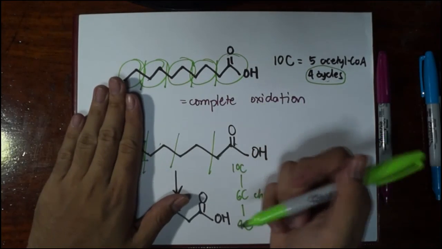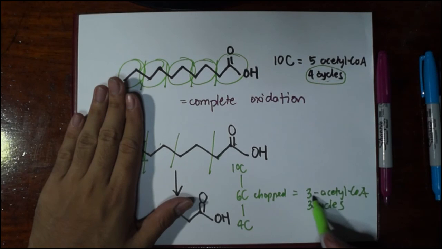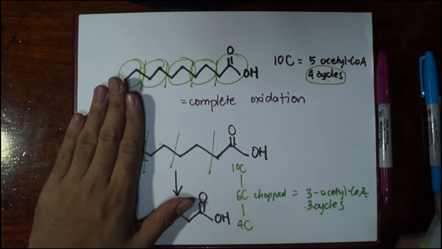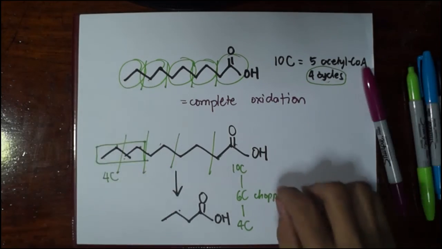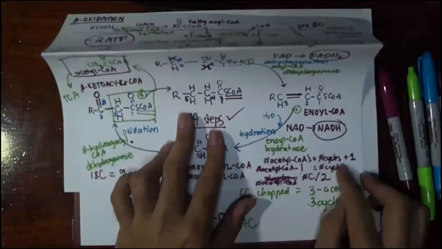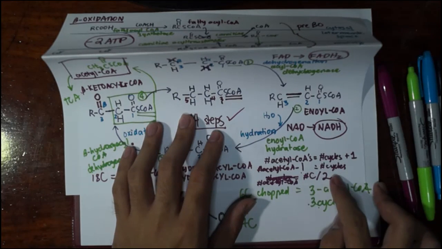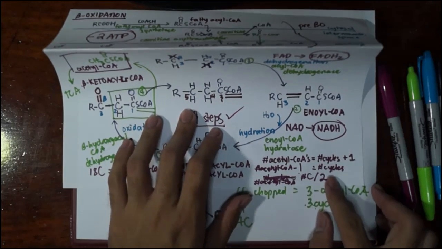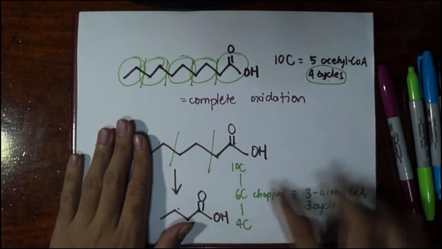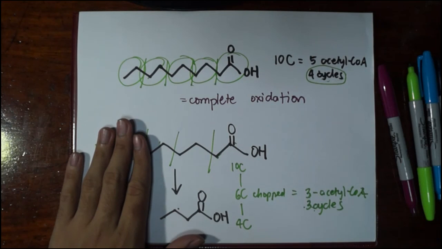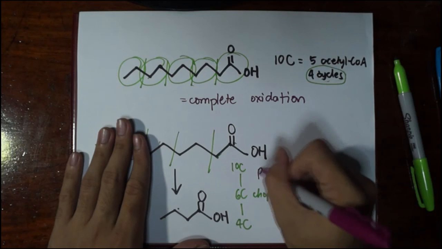But if you do not reach that part, you would assume that the number of acetyl CoA would be the number of cycles. So the formulae I have mentioned are only applicable when you oxidize it completely, but not applicable when you limit your oxidation to a particular carboxylic acid. Not complete oxidation. So this is just partial.